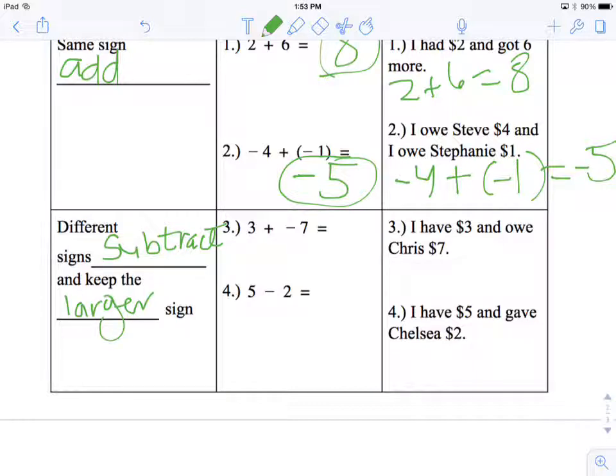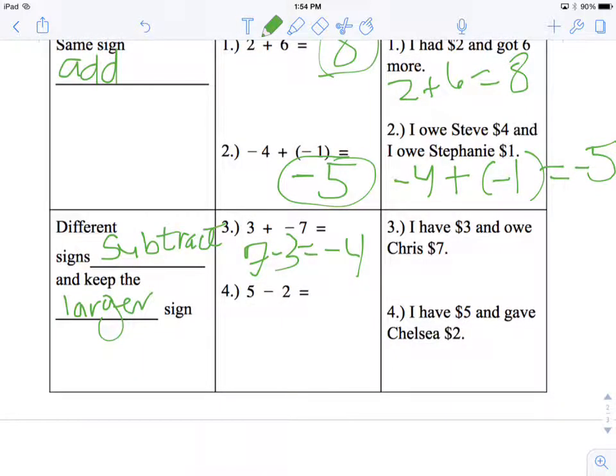So in number 3, we have a different sign, so we're going to subtract 7 minus 3, which is 4, and we keep the sign of the larger one. So 7 is larger, so -4 is our answer. So we subtract 7 minus 3. We keep the sign of the larger one, which was 7, so we keep the negative sign.